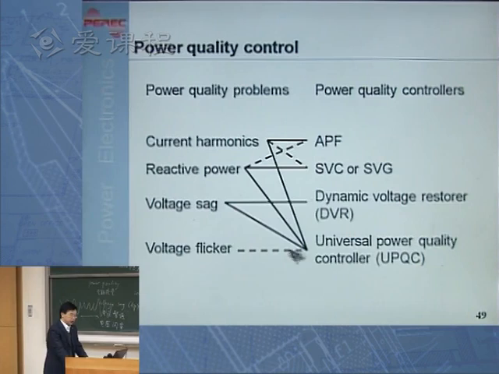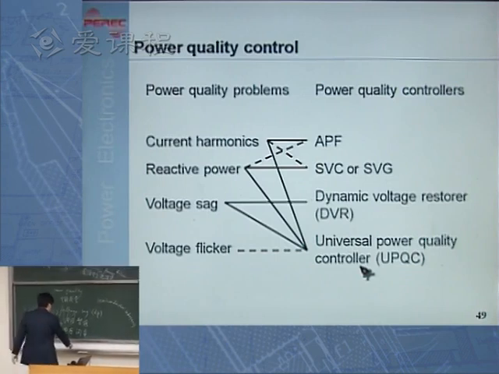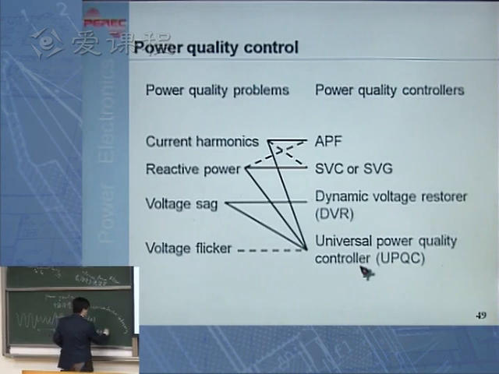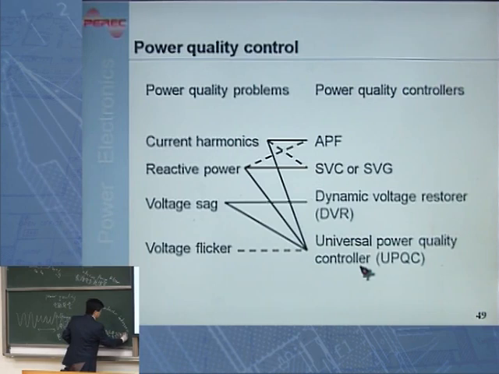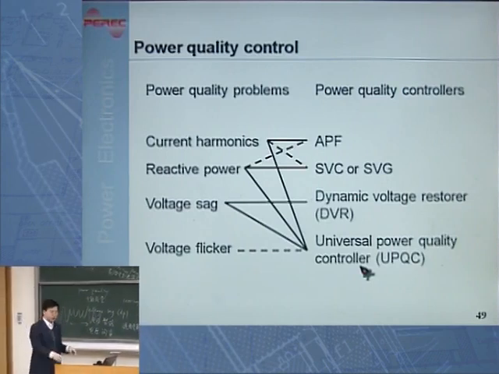Of course, we can also deal with voltage flicker, and there's another equipment based on power converters which is called the universal power quality controller. And actually, this universal power quality controller is not only able to deal with voltage flicker, but also many other power quality issues.